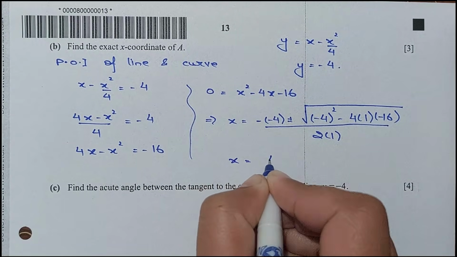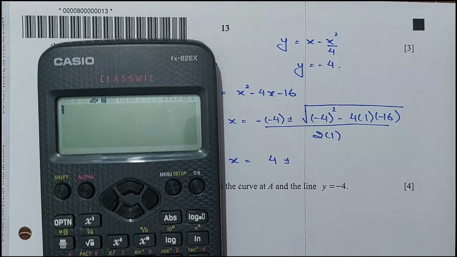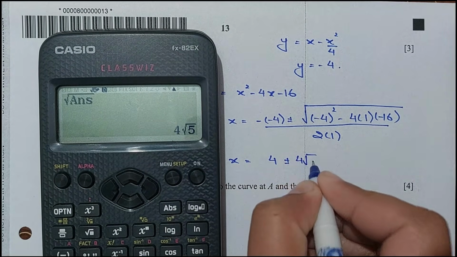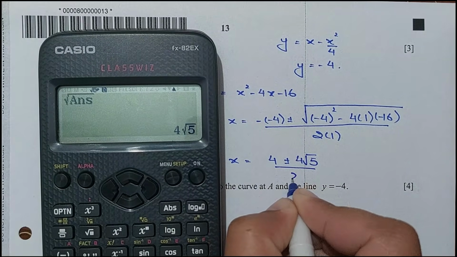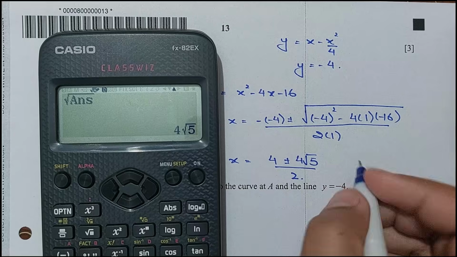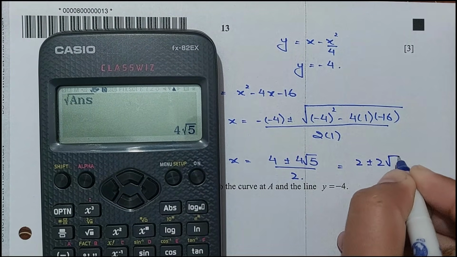X would be equal to 4 plus minus, simplify, negative and negative is positive, 4 times 16, plus 4 square is 16, so root 80, which is 4 root 5, divided by 2. So we have two x values, one with positive and one with negative. So further simplification, we have 2 plus minus 2 root 5.